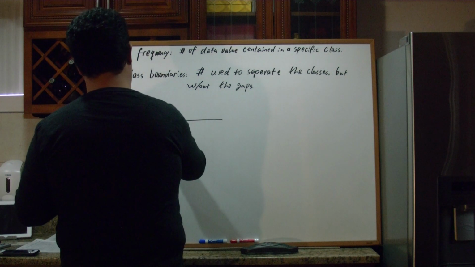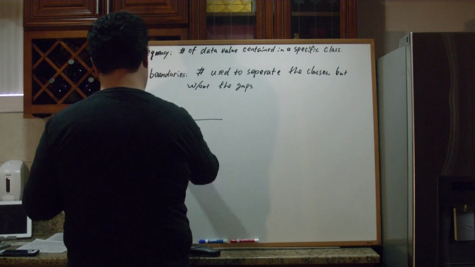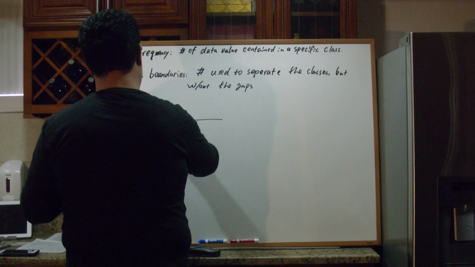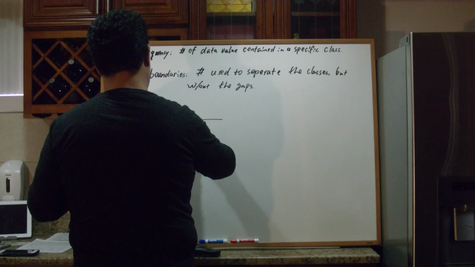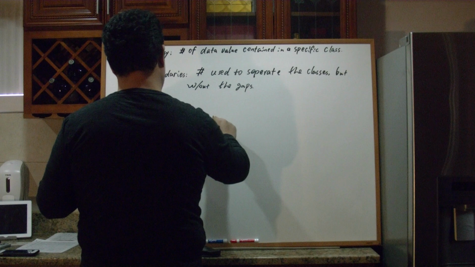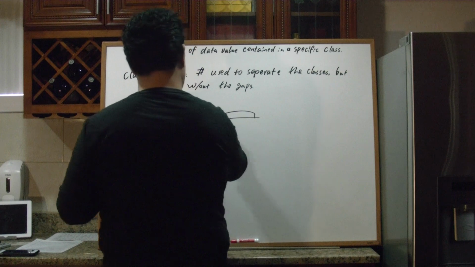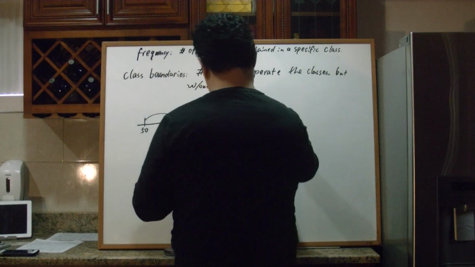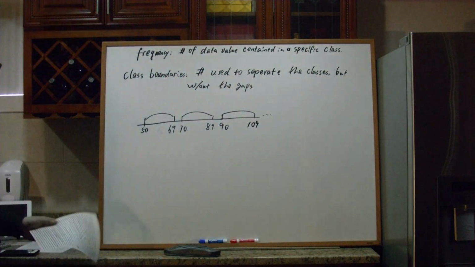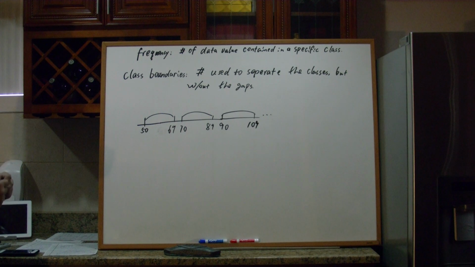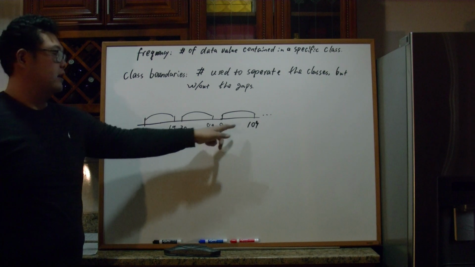For instance, we have 50 to 69. We have the classes for individual numbers: 50 to 69, 70 to 89, 90 to 99.